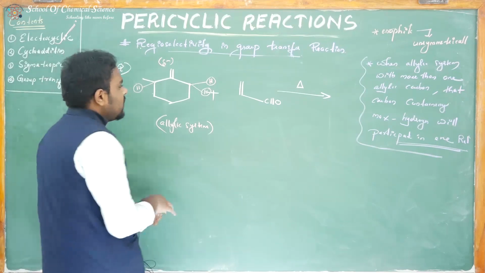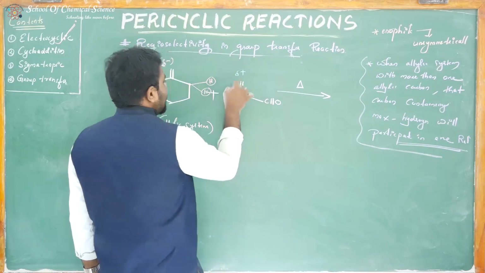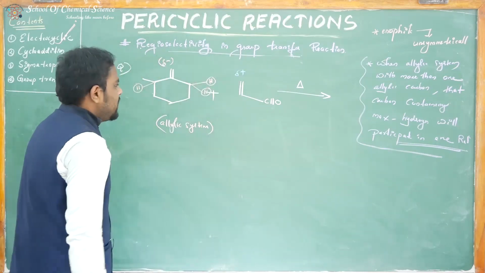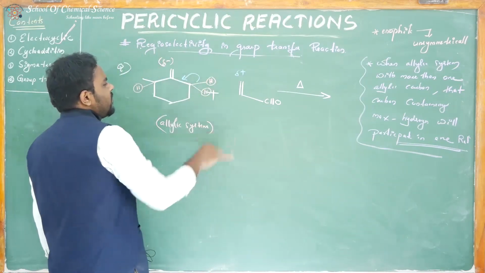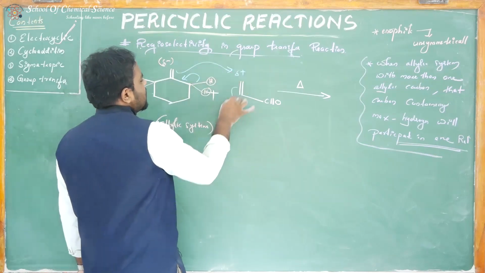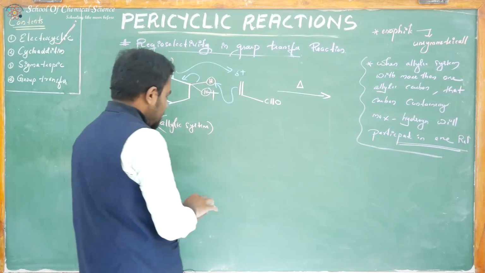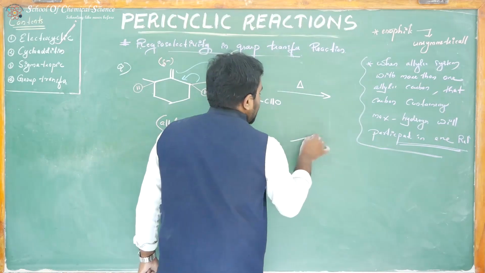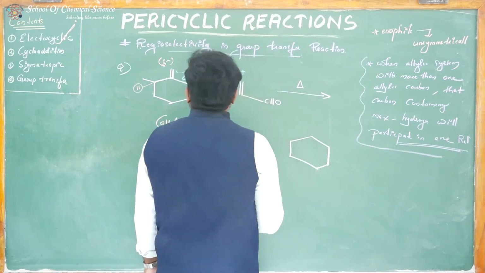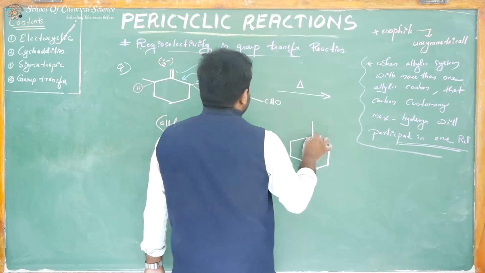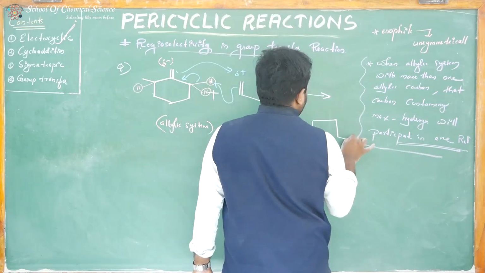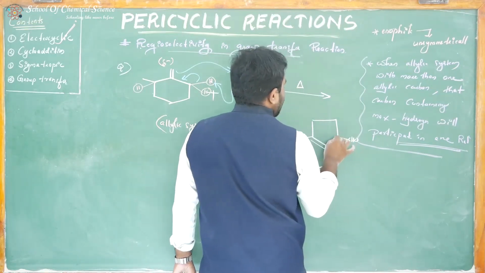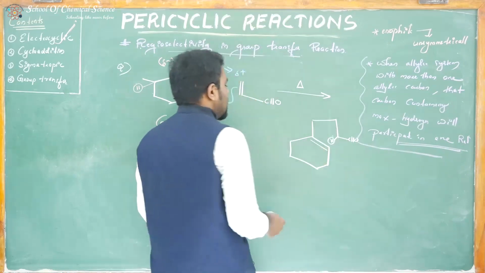So what will be the reaction? Due to the CHO, here a positive charge, so that will be the regioselectivity. This carbon-hydrogen sigma bond will make a pi bond here, this moves towards here, and this catches the hydrogen. So what will be your product? The 6-membered ring as such. Between these two carbons a pi bond, this is connected to the enophile containing a CHO group, and the hydrogen is transferred to this carbon.